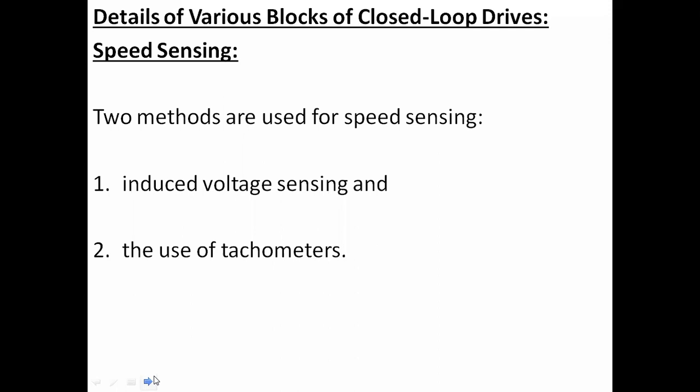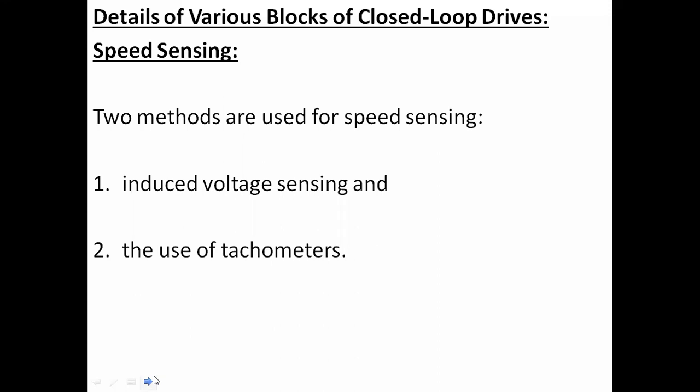This DC tachometer is built with a permanent magnet field and sometimes with silver brushes, because silver brushes reduce the contact drop between the brush and the commutator. The voltage output is 10 volts per 1000 RPM.